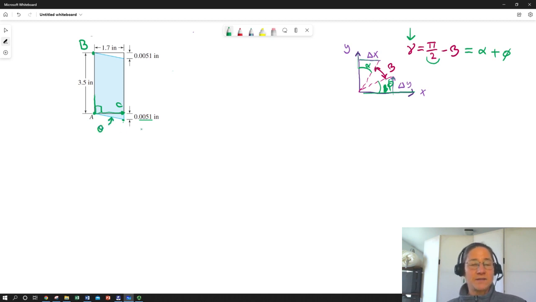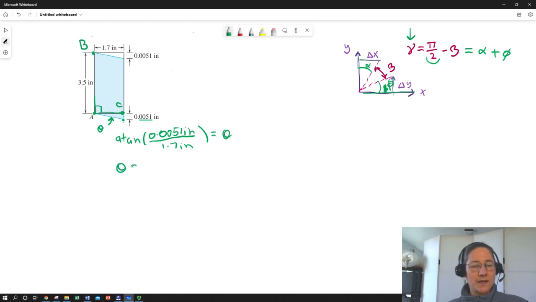We can determine theta as the arctan of 0.0051 inches, that's our opposite, divided by the adjacent, 1.7 inches. And so that equals theta.